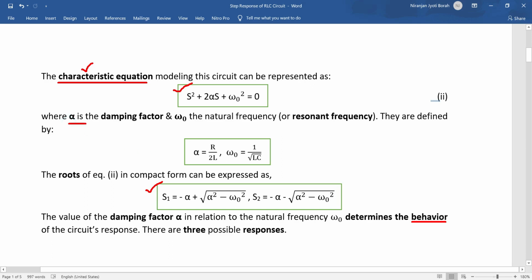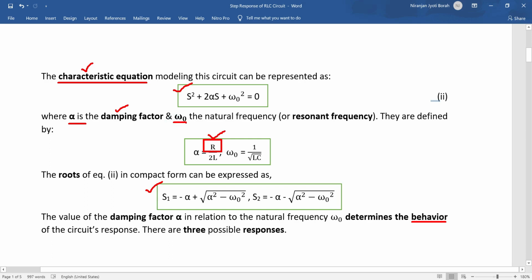Here, alpha is the damping factor, which is a function of resistor R. Damping is the gradual loss of the stored energy, which can be seen as a continuous decrease in the amplitude of the response, and this damping effect is due to the presence of resistor R.